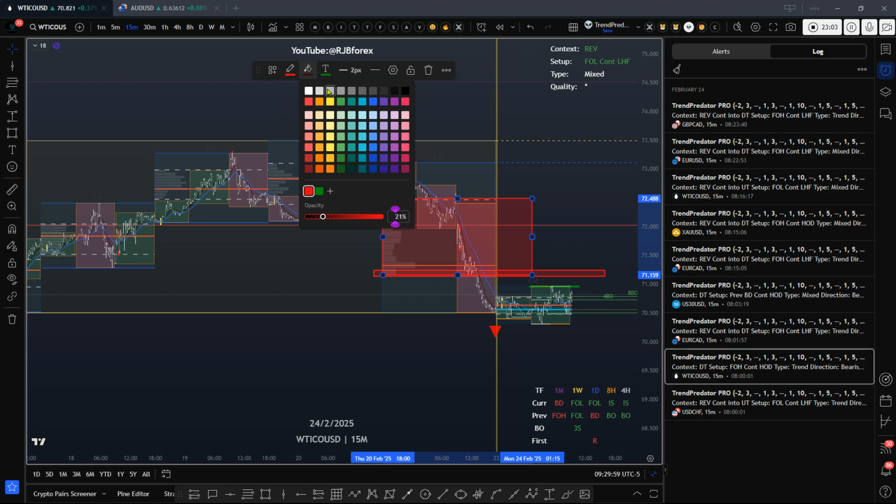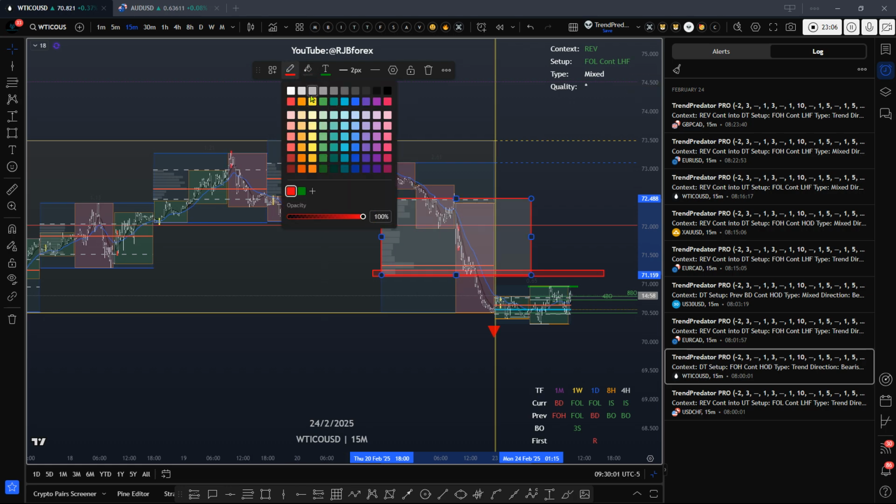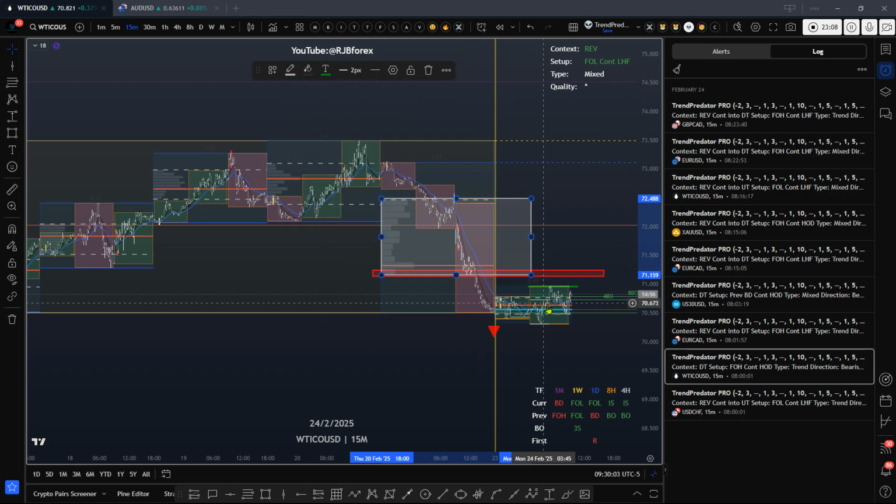Because we opened outside of it, if we get back inside it, there's a probability that we move to the other side of the range and retest the breakout level from Thursday, where Friday broke down. So if we get back inside of that box, we could be squeezing back into the shorts.